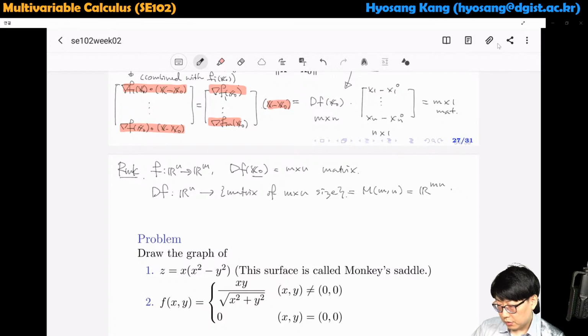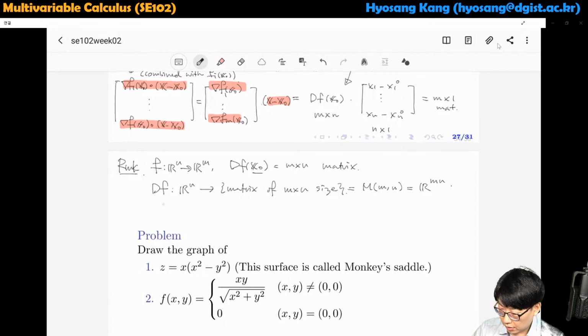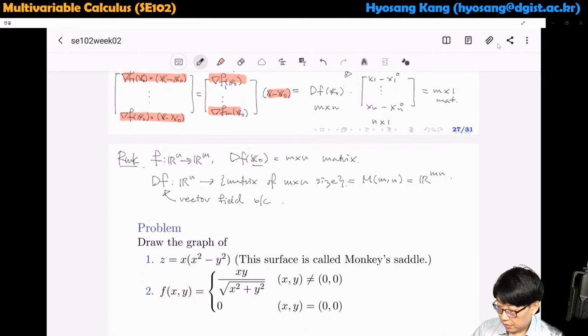When you do this, you are thinking about your differential df as a vector field, because df sends a point to a matrix, which is a vector. So it's a vector field.